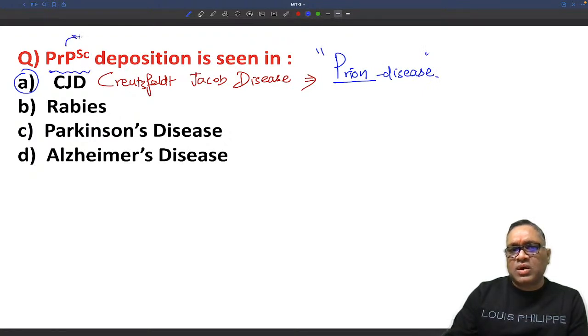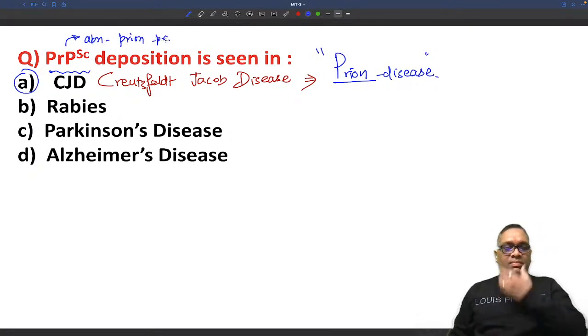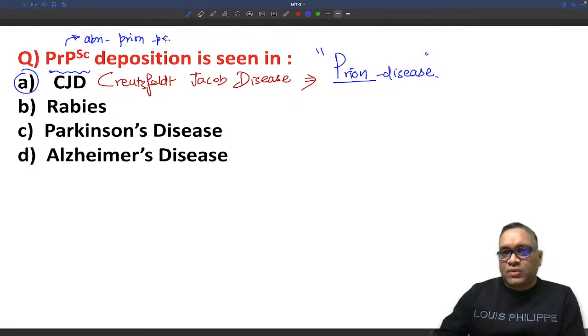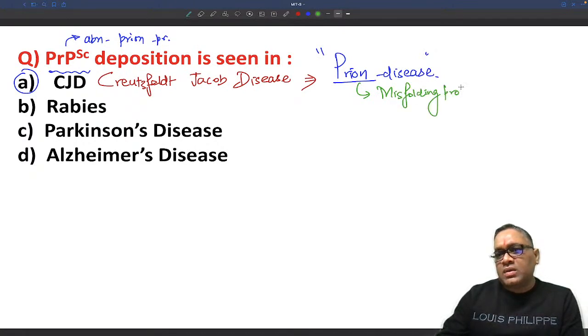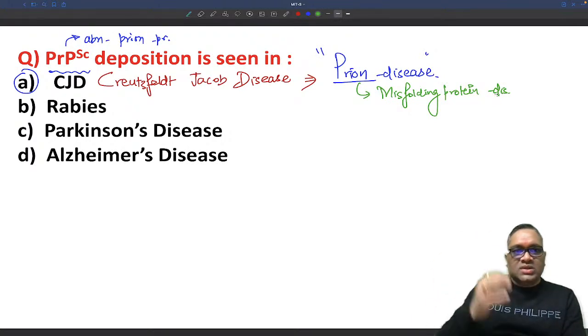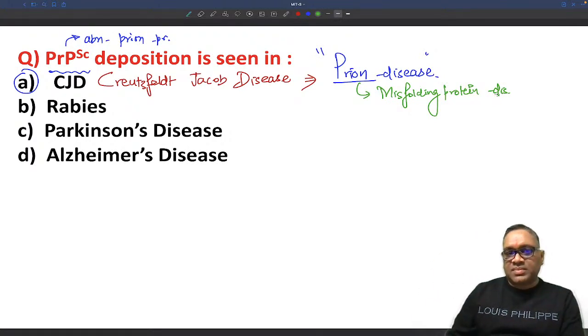Remember, this is the abnormal prion protein, and it forms the misfolding. So you can also remember that prion disease is a protein misfolding disorder. It will affect the neurons. I will discuss it in detail after some time.